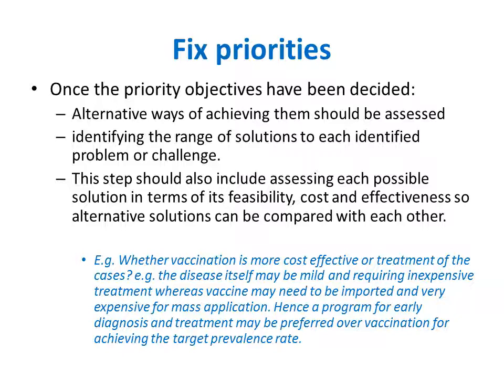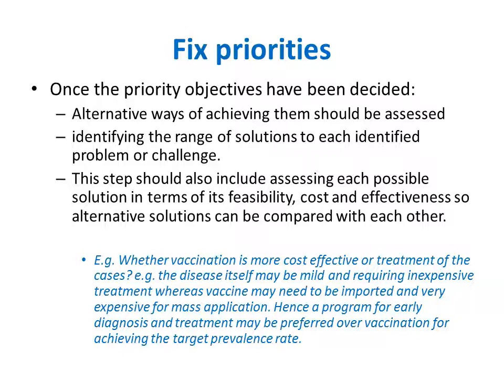The prevalence of a particular disease has to be reduced to a particular level. Now, whether vaccination or treatment of the cases is more cost effective in bringing down the prevalence? For example, the disease itself may be mild and require inexpensive treatment, whereas the vaccine may need to be imported and become very expensive for mass application.